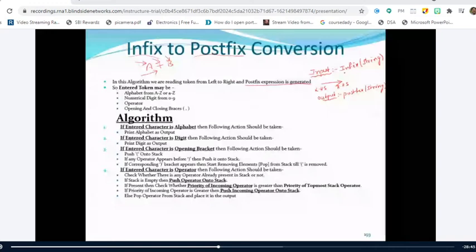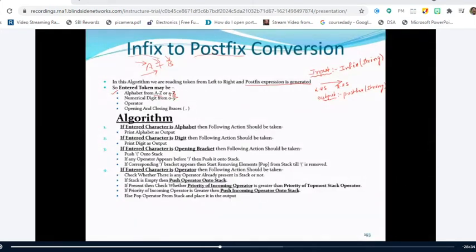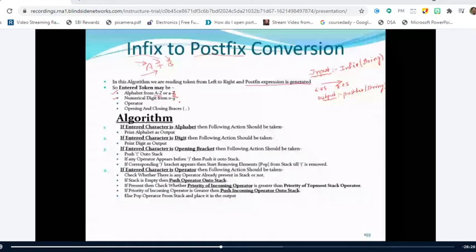Now, what inputs can we take for the infix? You can either take an uppercase alphabet starting from capital A to capital Z, or the lowercase alphabets from small a to small z, or else the numerical digits from 0 to 9. These are considered to be the operands.